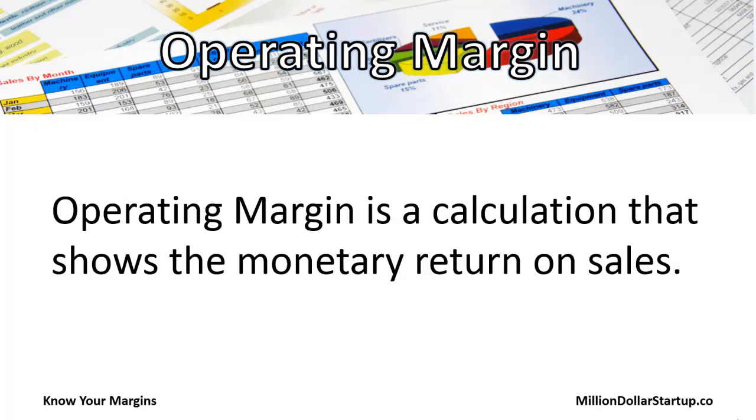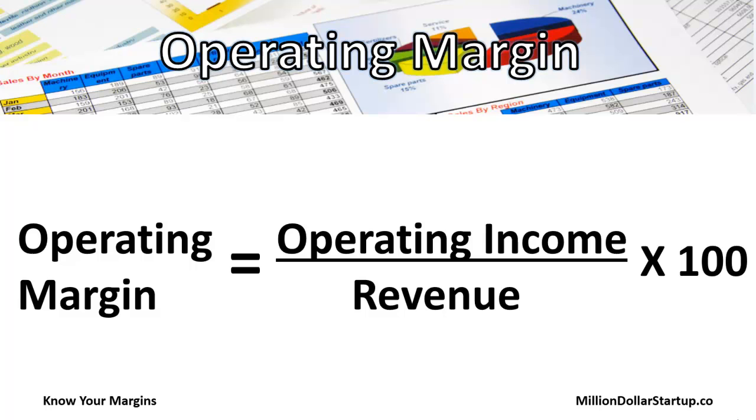And that's something that you always want to know because you need to know how valuable your sales effort is and whether or not it's efficient and actually giving you enough margin to justify the expenses that you put into making a particular sale. So the way that you calculate operating margin is you take your operating income and divide it by the revenue. That will give you the margin, and then you multiply that by 100 to get the operating margin as a percentage.